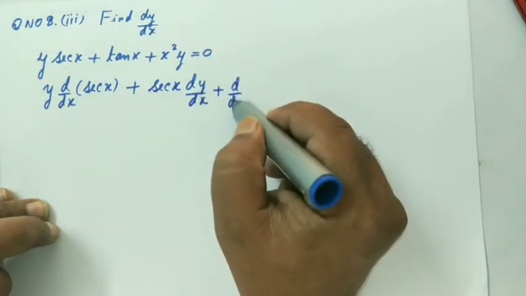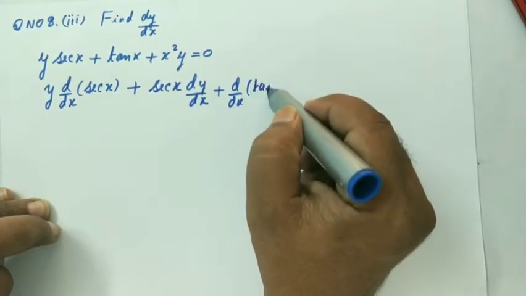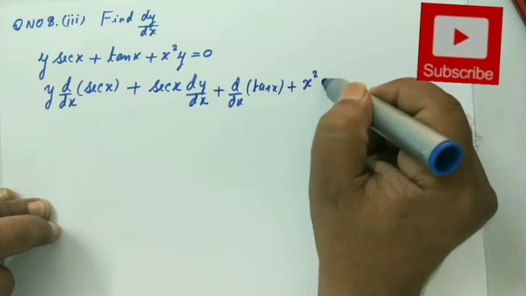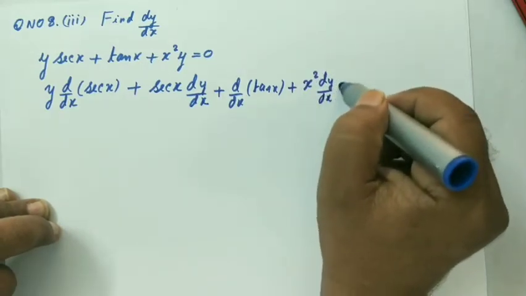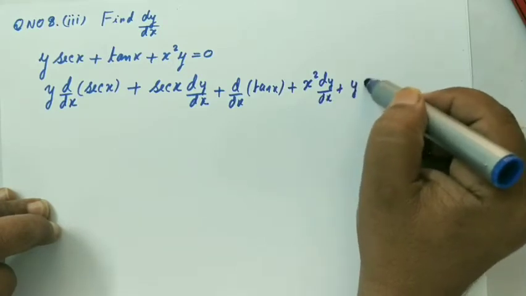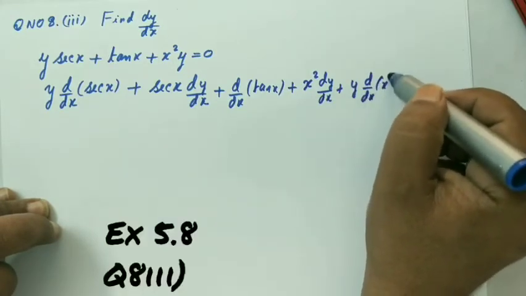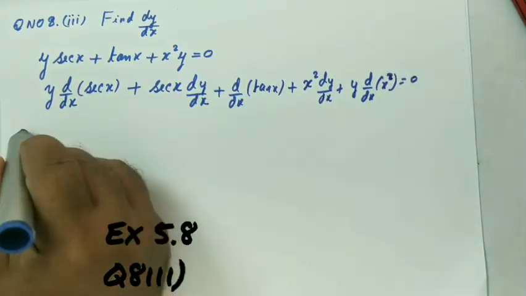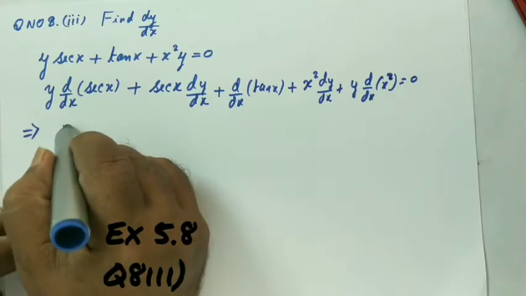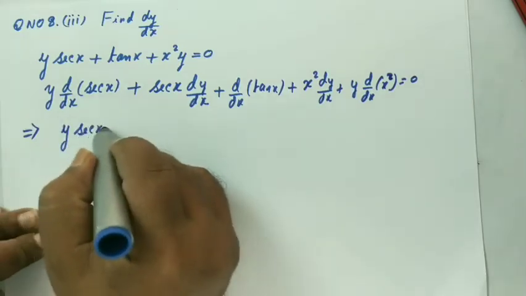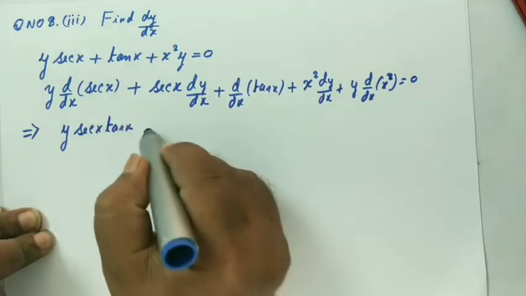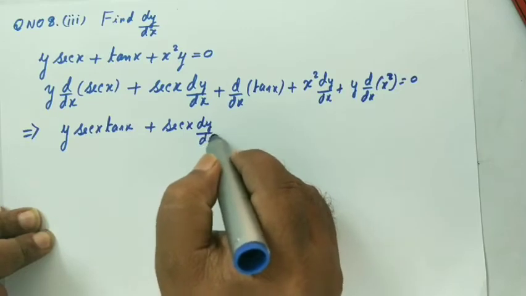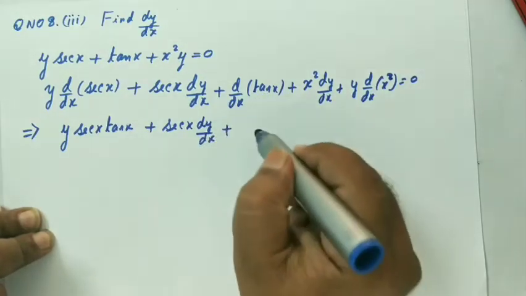I'm going to differentiate tan x plus tan x sec square x.